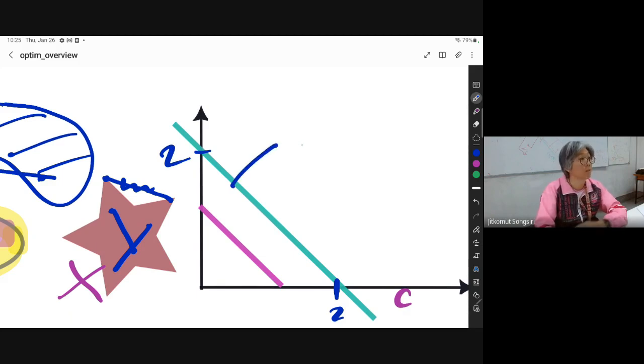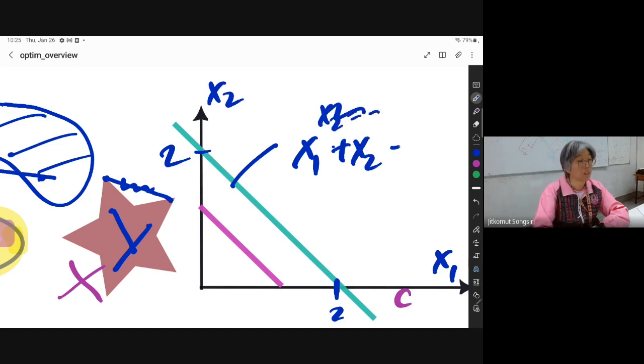How can you describe it in terms of equation? x1 plus x2, we don't have y, equals 2. Okay.